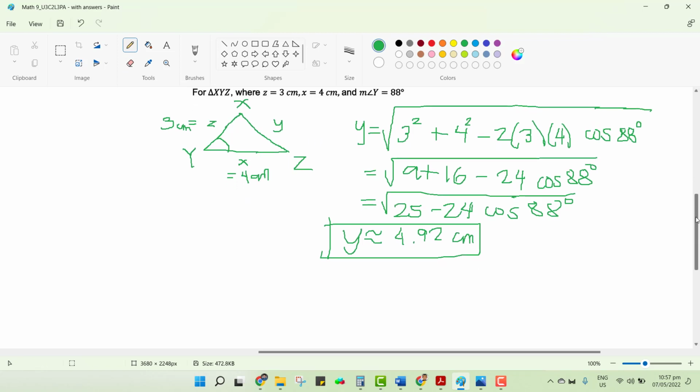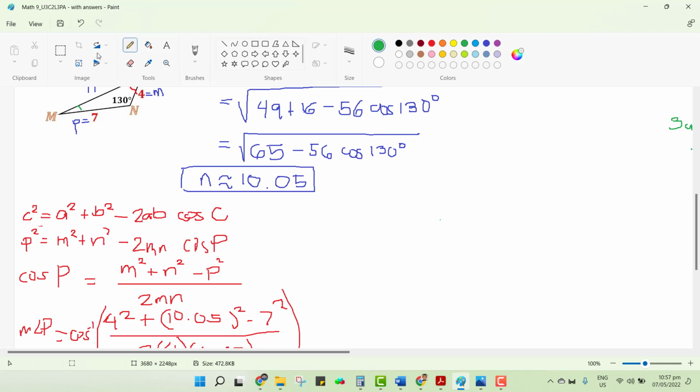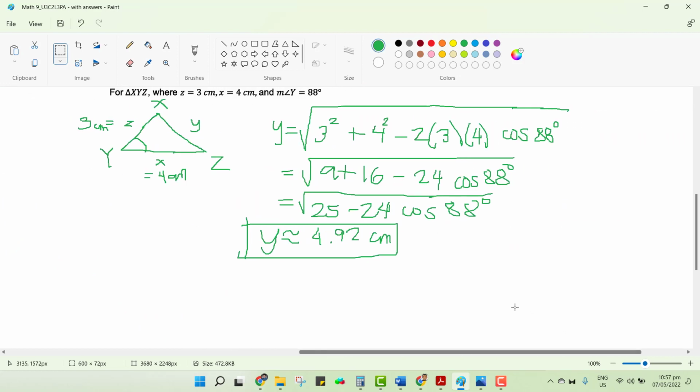And then again, let's use the same law of cosines to get the angle. Just for reference, so you will be guided, because we don't have it on our screen already.